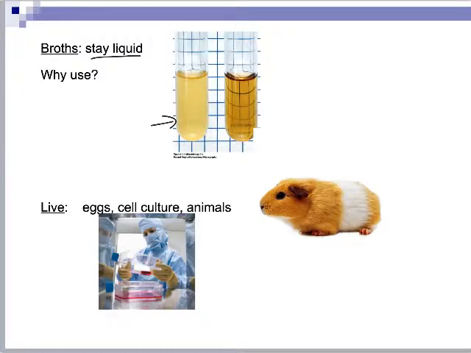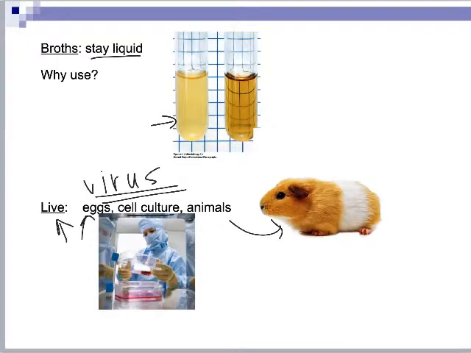Now, if we are growing viruses, viruses need a living host. So we grow viruses on things like eggs or animal cells or animals.